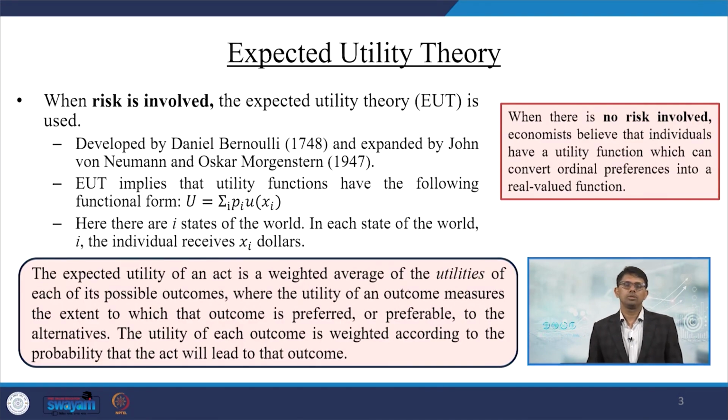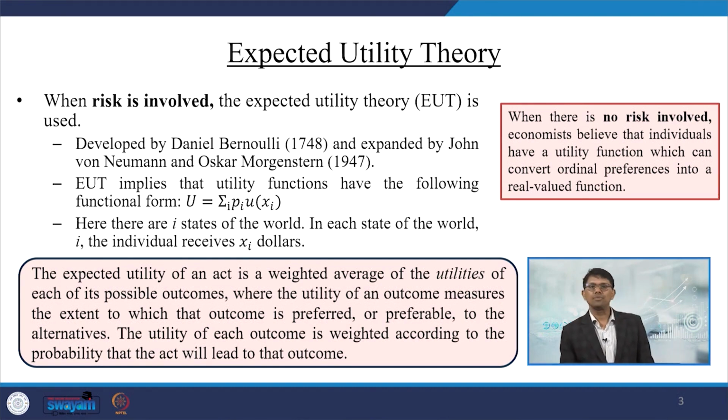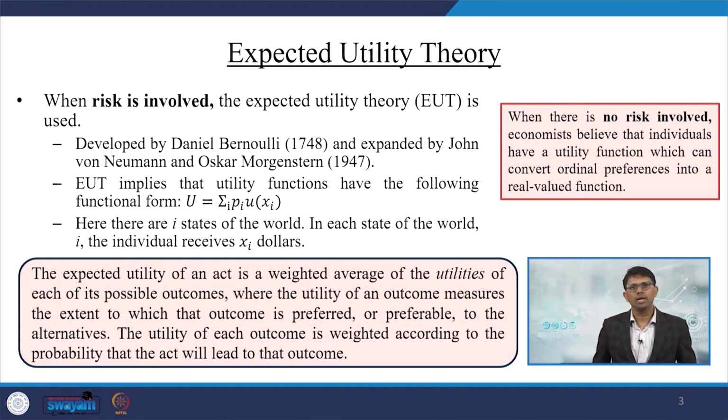So, without discussing the background of the earlier lecture, I think it is better to discuss the expected utility theory. When we say expected, that means we are discussing the extent of risk and how it is useful in understanding how decisions are taken. When there is no risk involved, economists believe that individuals have a utility function which can convert ordinal preferences into a real valued function.